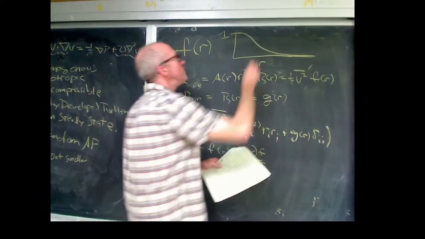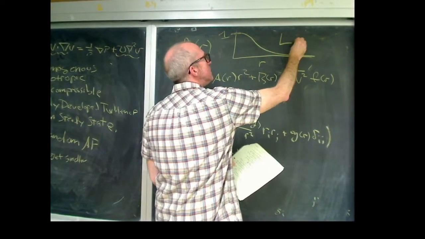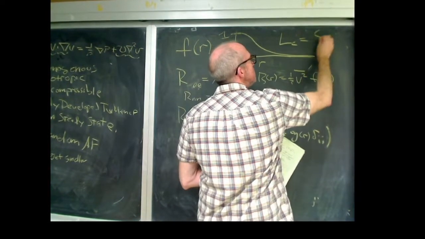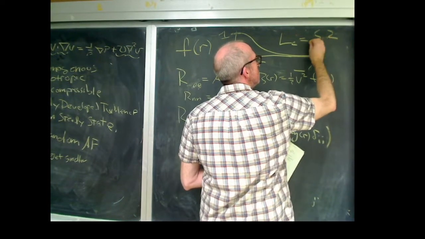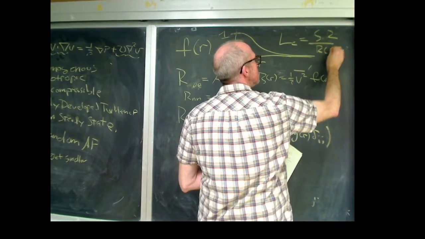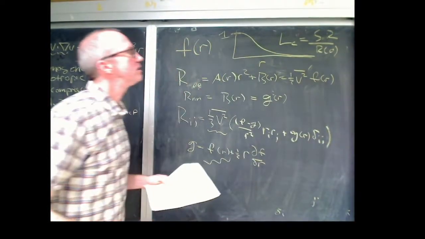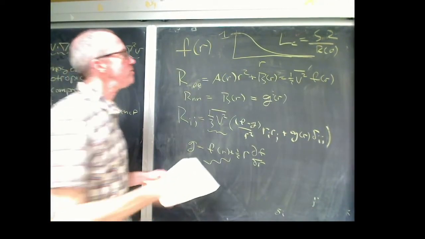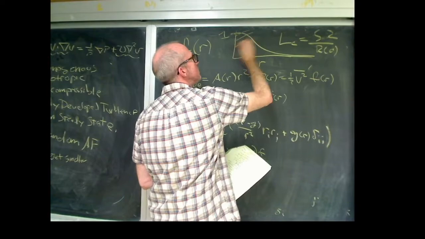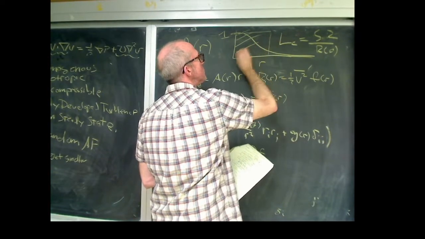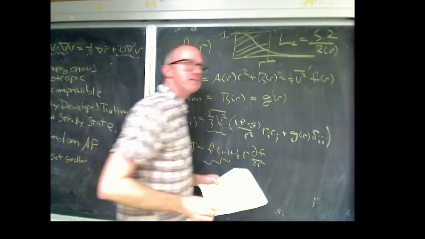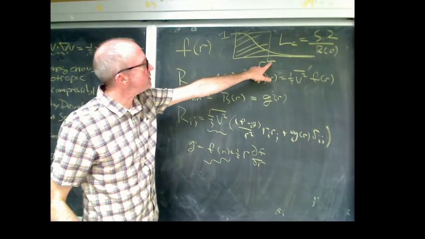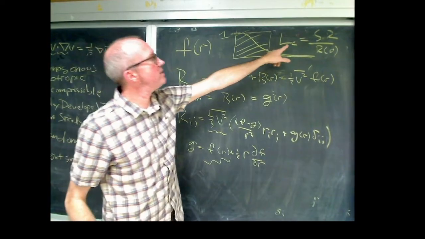And one thing we can define is the correlation length, which is the integral of R divided by R at 0 lag. This just says make this a rectangle with the right area. How long is the rectangle? So I take all the correlation and make a rectangle out of it. That gives me my correlation length. So this defines the correlation length.